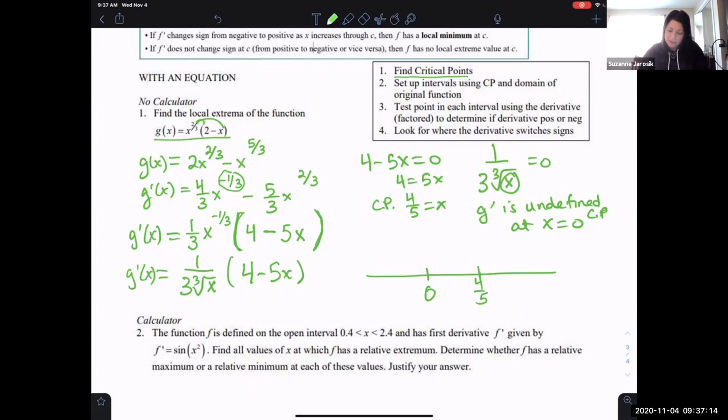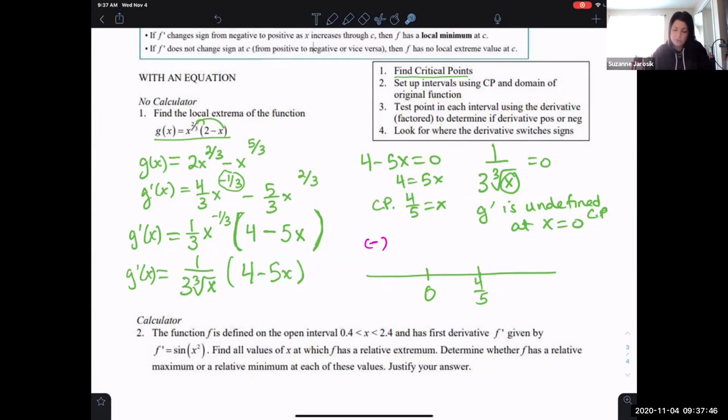So if we pick something less than 0, plug it into our factored form, if you will. So if I did, let's say, negative 100, or even negative 1, negative for this. Negative for right here. And then if I plug in a negative 1 or negative 100, this is going to turn positive right here.